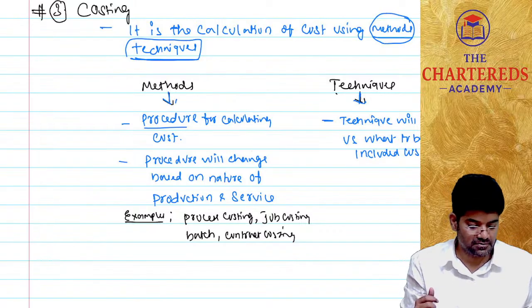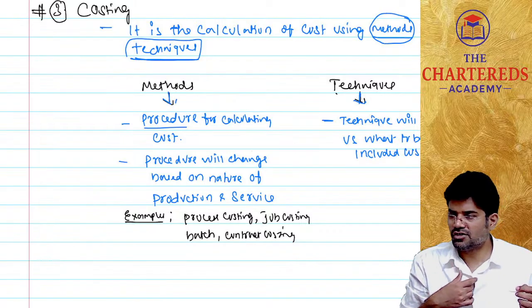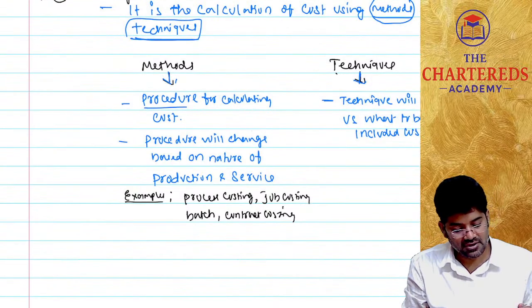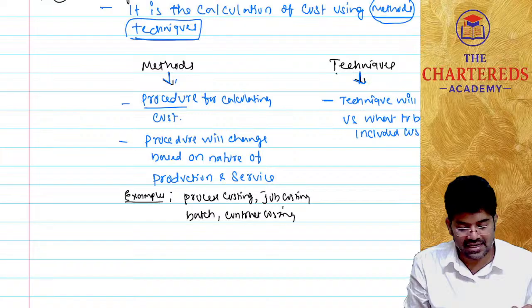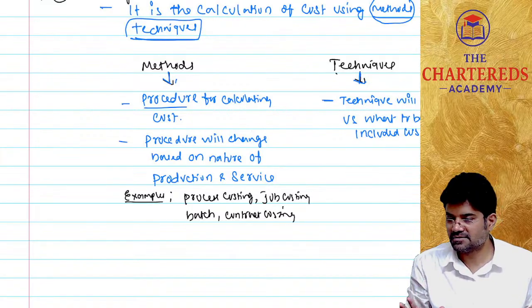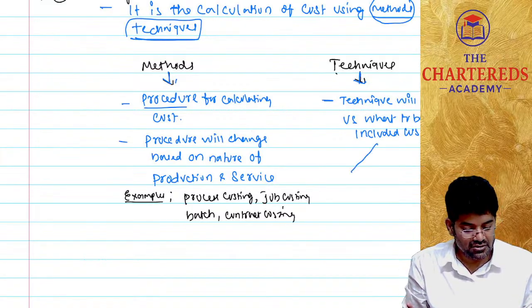I mean which cost should be included, and exactly we are talking about variable and fixed. So we have two here.